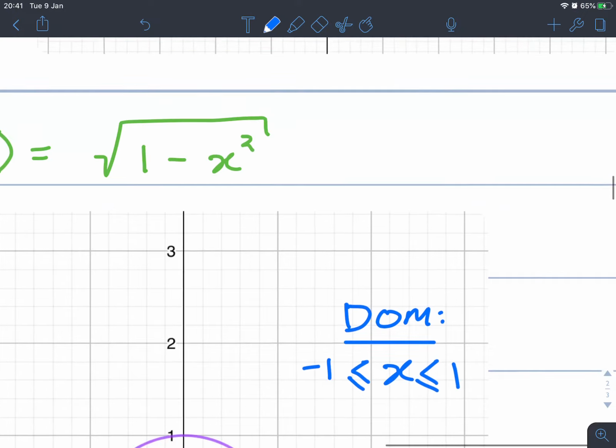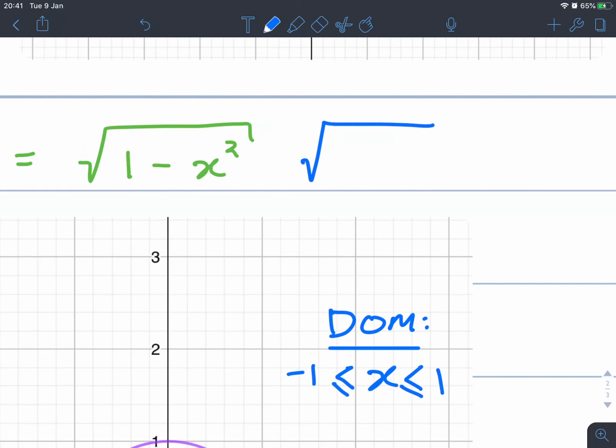Now the reason for that, let's consider if we had square root of 1 minus 1 squared. Isn't that going to be 0? Because 1, take away 1, that's 0. Square root of 0 is 0. So that's allowed. But now let's say we take the square root of 1 minus 2 squared. Isn't that going to be 1 minus 4?